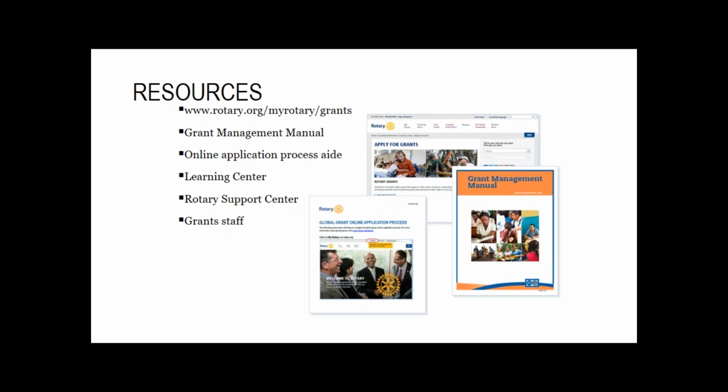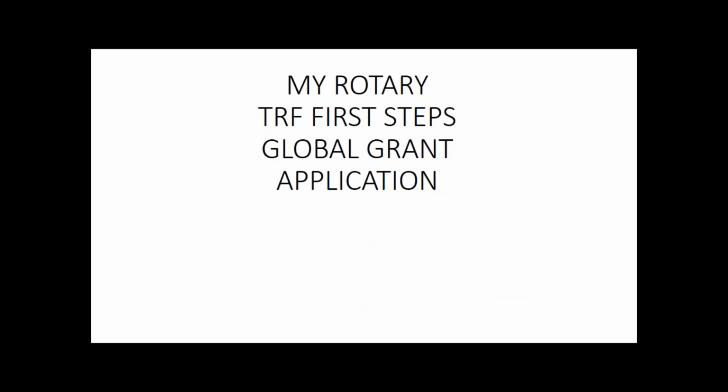Rotary Support Center, they are fabulous. They will help you out. And if you're really having issues, say with the areas of focus, the specific wording, things aren't working for you, you can call the grant staff and they will spend a lot of time with you. They're there to help you. They want you to succeed. They want to make sure that those grants are completed.